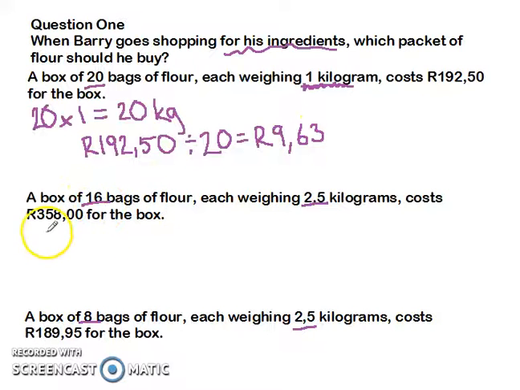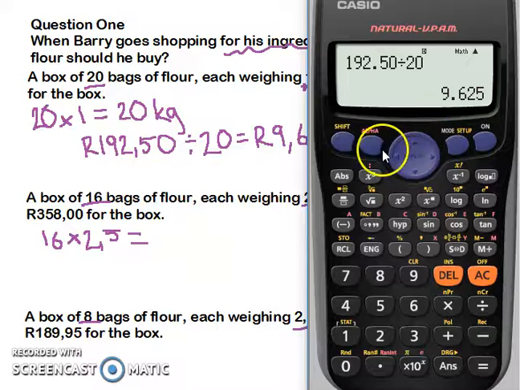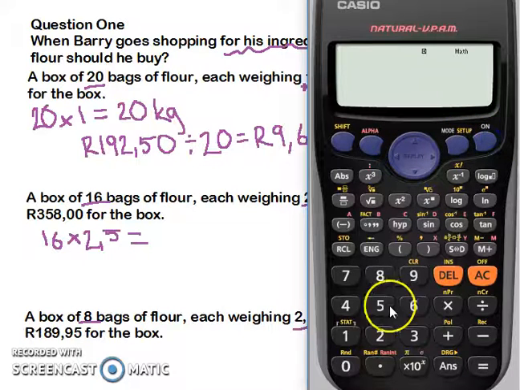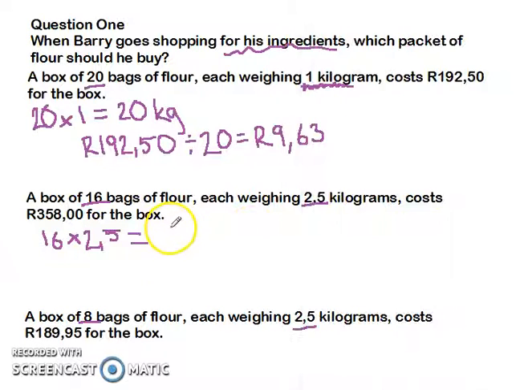16 bags of flour, so 16 bags times a weight of 2.5 kilograms equals, and once again I can't do it without a calculator, so let's do 16 times 2.5 equals 40. So in this case he is buying 40 kilograms of flour for 358 Rand.